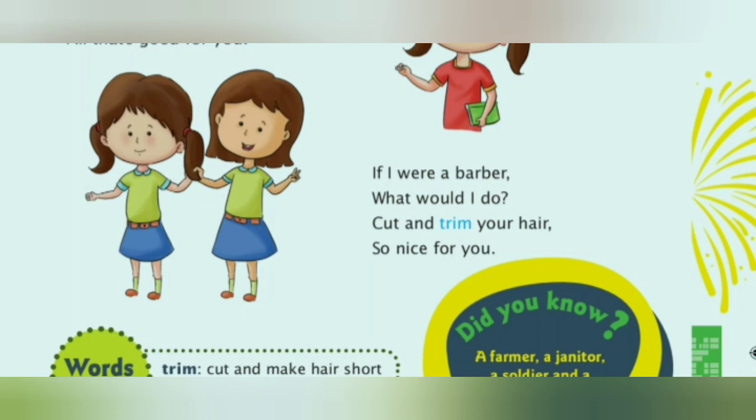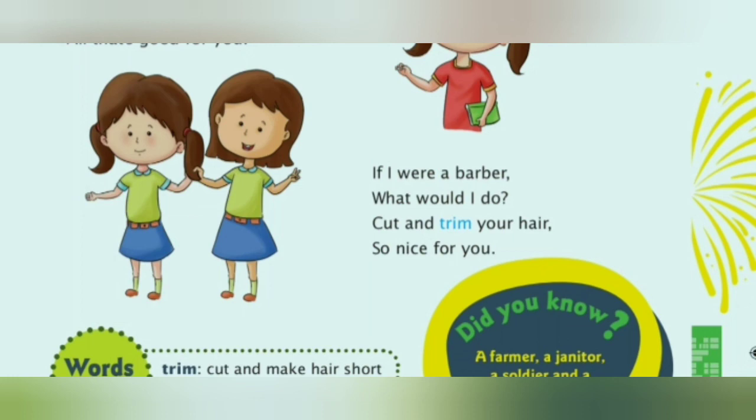If I were a barber, comma. Second line, what would I do? Ask a question. What would I do? Third line, cut and trim your hair. Hair in the sense of what grows on your head, right?